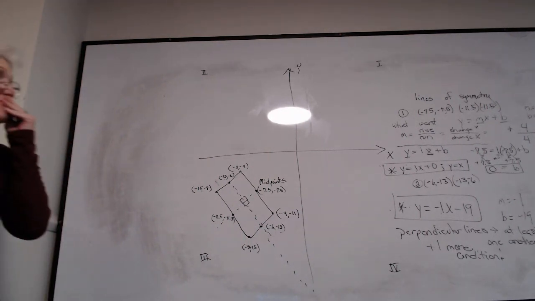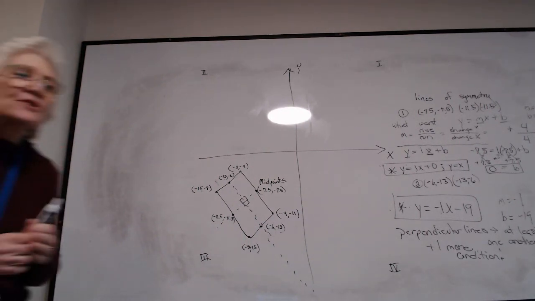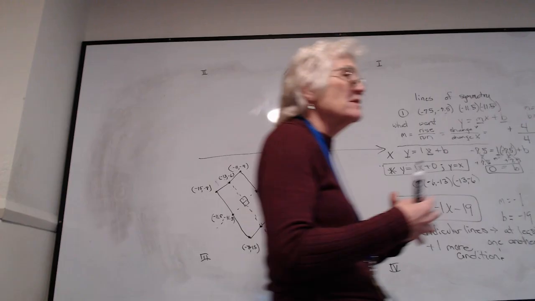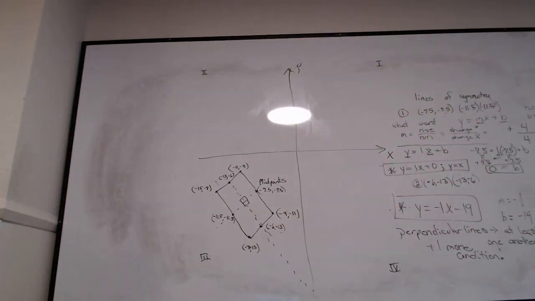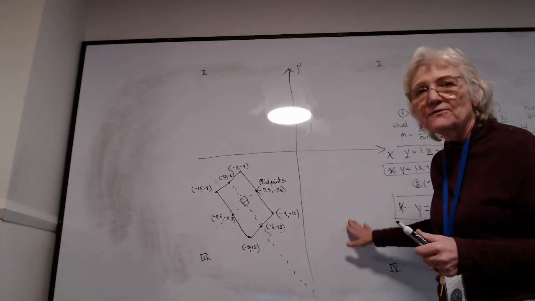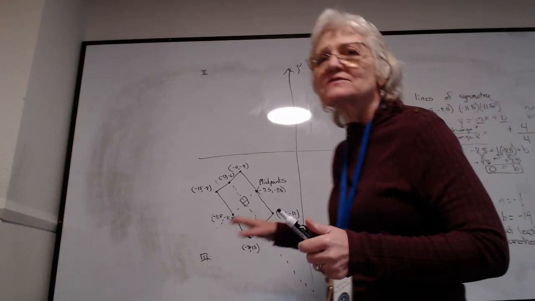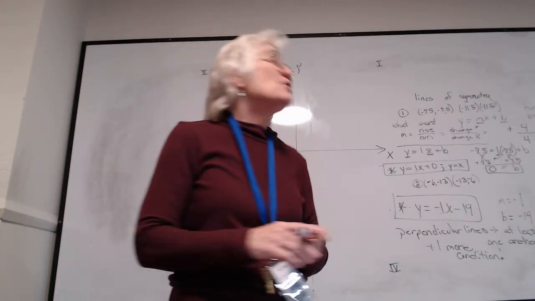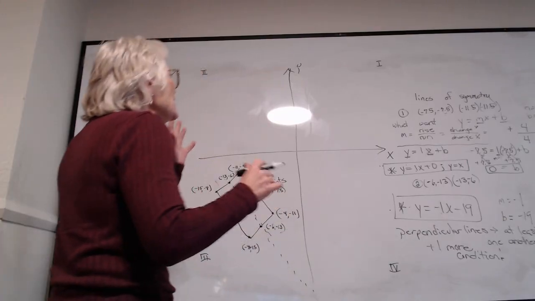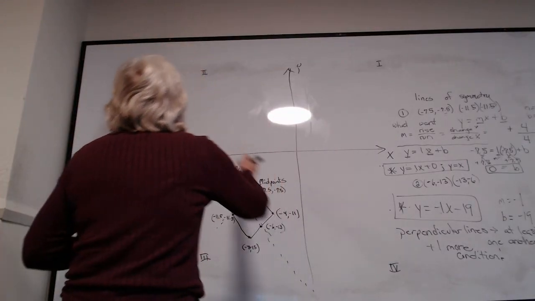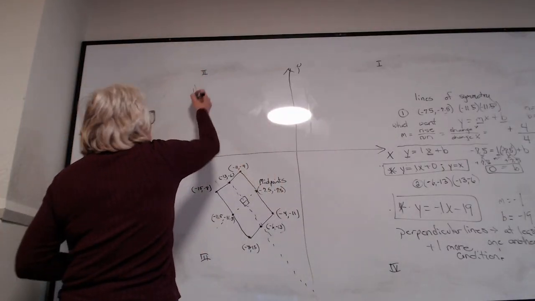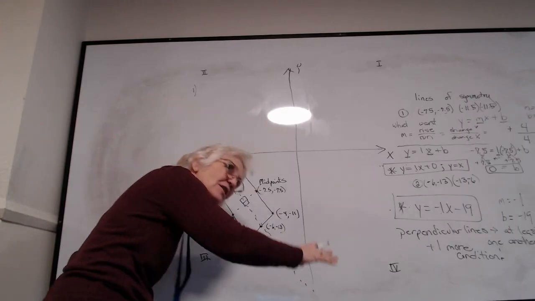Okay. So now, what I want you to do for your homework, and I'll put this online, is you have 2 more figures on your sheet. They are in quadrant 1 and quadrant 4. We have not done the lines of symmetry on those. So for each of those, first, we've already identified what they are.